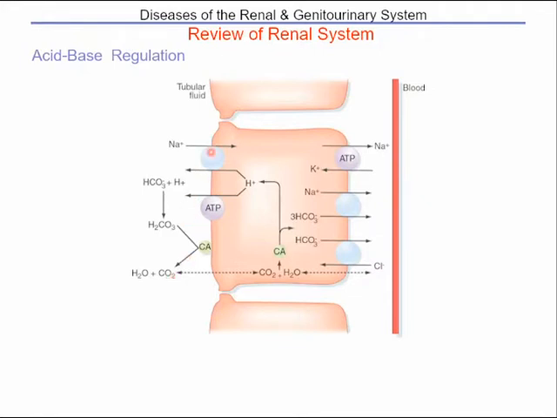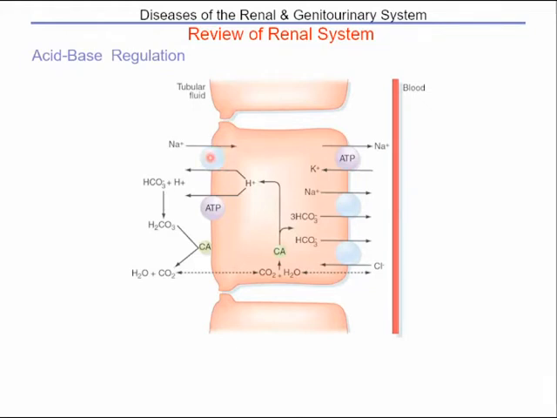Hydrogen ion secretion across this apical membrane occurs via two mechanisms: the sodium hydrogen antiporter, or sodium hydrogen exchanger, which some books call the NHE3 exchanger, and the hydrogen ATPase. However, the primary mechanism by which hydrogen ion is secreted into the tubular fluid is via the sodium hydrogen exchanger 3.